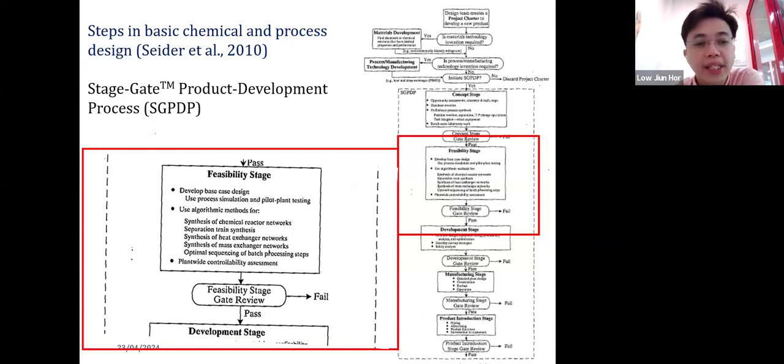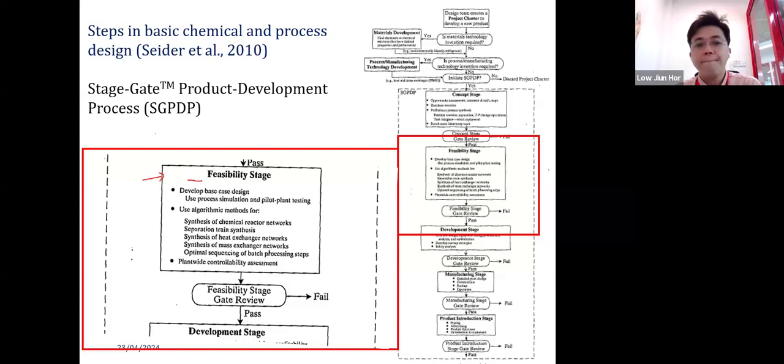In the feasibility stage, what you are going to focus on first, since you already selected the suitable technology and process, is that this selected technology and process will become the basis, or what we call the base case, for your chemical plant design.